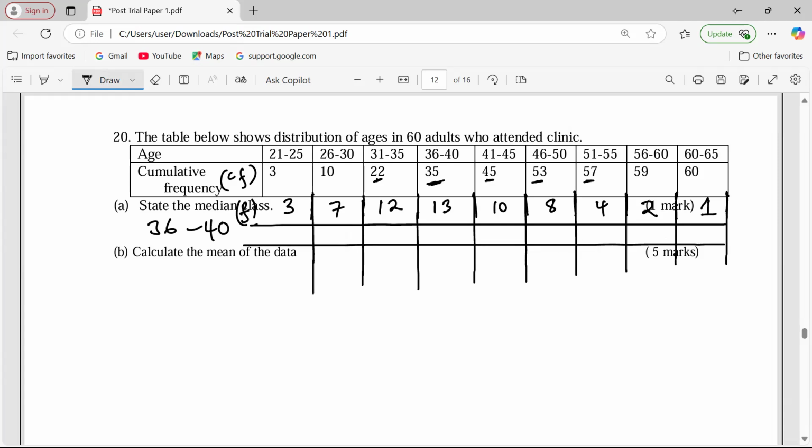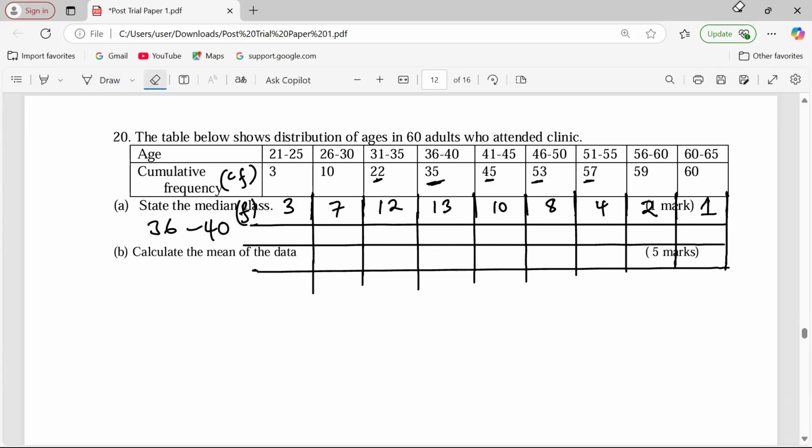So we are supposed to get something called the midpoint X of this data. Then the product of each midpoint and the frequency. So we will talk about X, which is the class midpoint. Let me write it here.